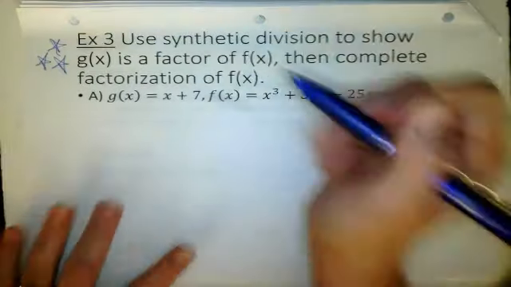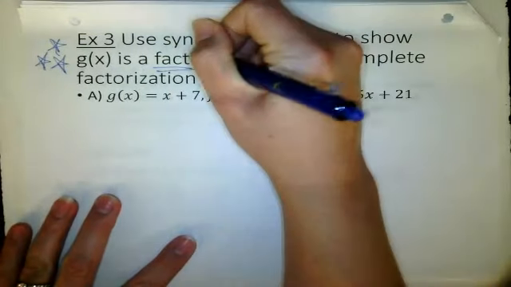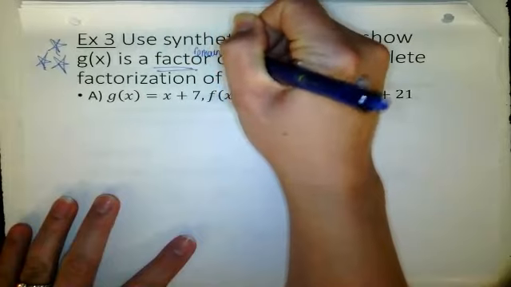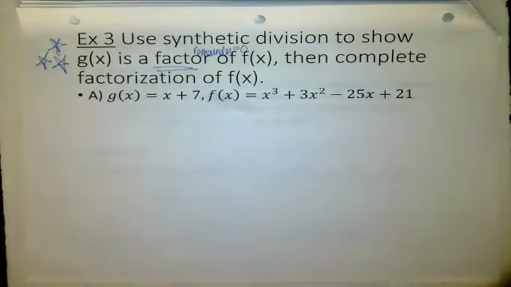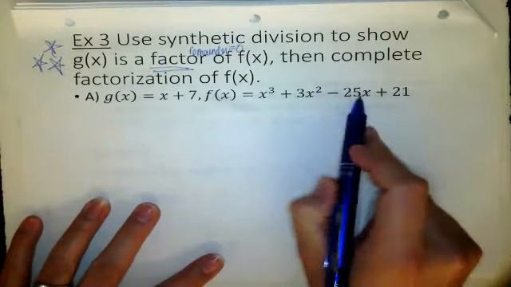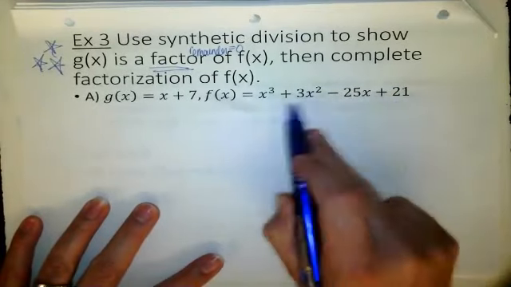So use synthetic division to show g of x is a factor. What does it mean to be a factor? No remainder. Remainder equals 0. So we can do some division. Okay. So we're going to take our polynomial. It doesn't have any missing terms in it.